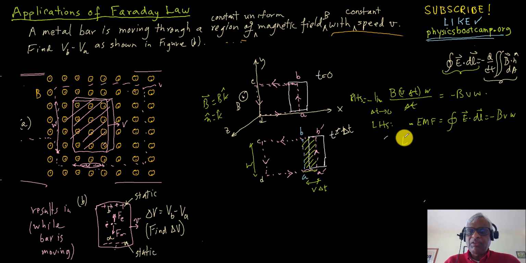So the EMF in this loop, as delta t goes to 0, becomes that loop.